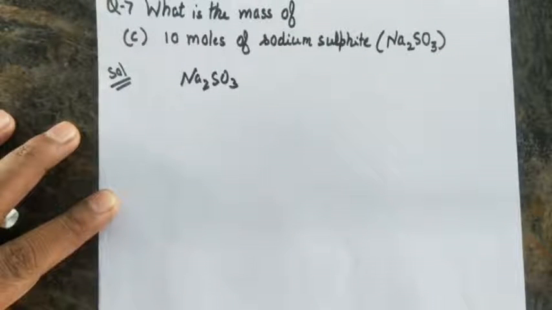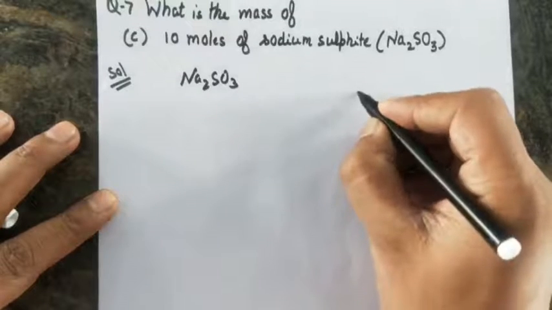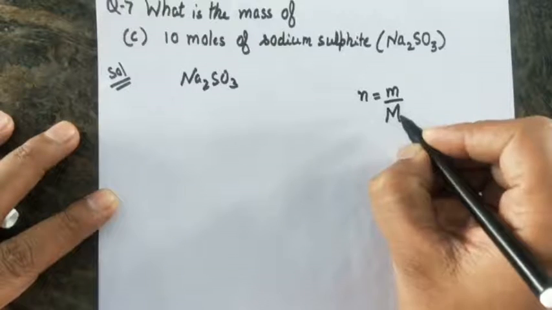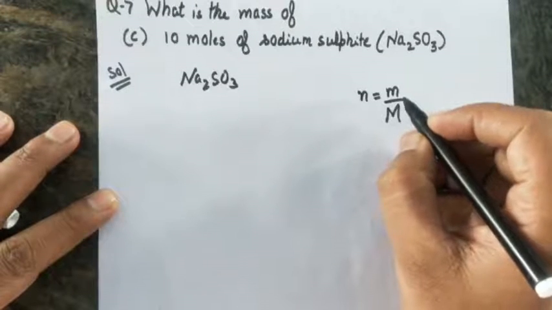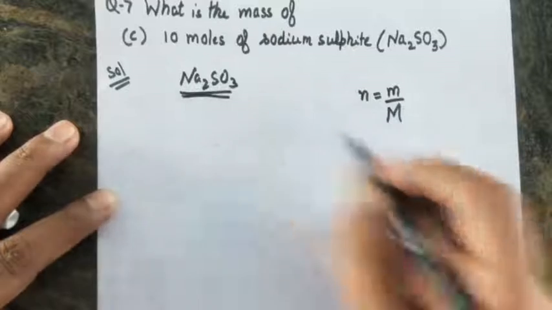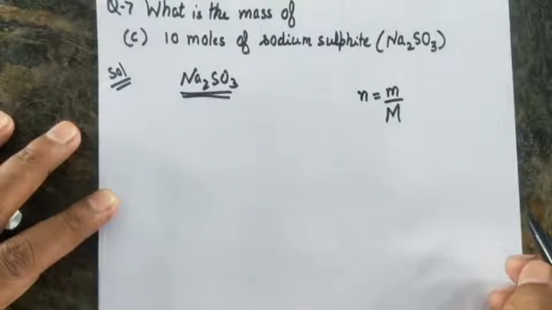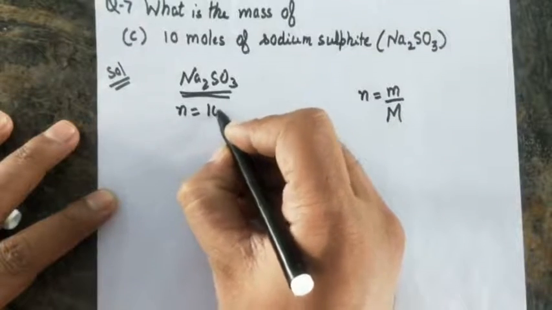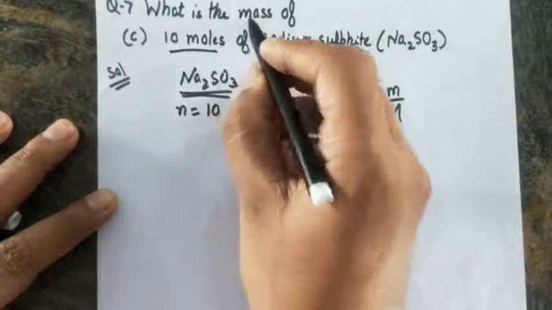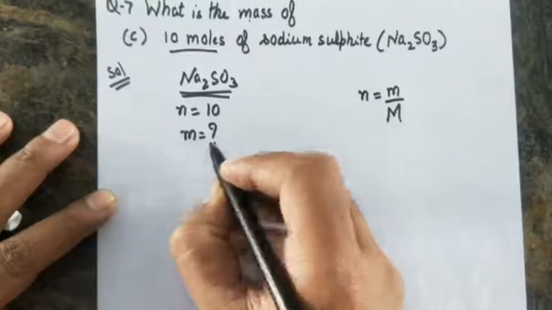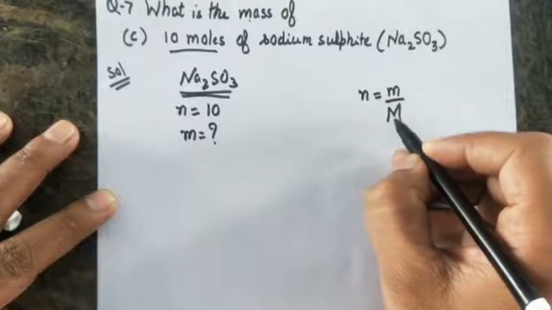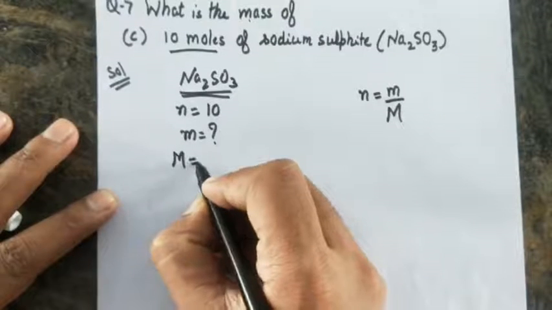That means we will be using the relation between mass and moles, that is number of moles is equal to given mass by molar mass. So first of all, write the chemical formula of the substance. Then we are provided with number of moles, that is 10, and we have to find the mass, that means we have to find small m. Since we have to use this relation, we also have to calculate molar mass, that is capital M.